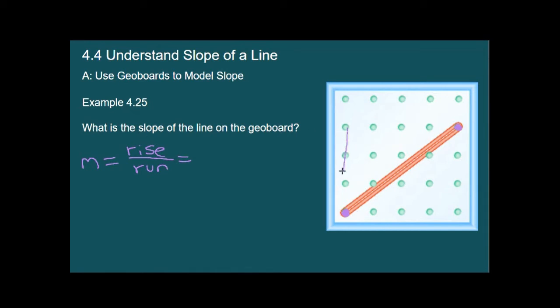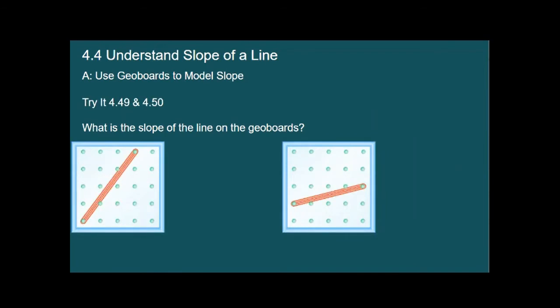So let's draw our right triangle, and let's go ahead and count. 1, 2, 3. So the rise is 3, and the run is 1, 2, 3, 4. So the run is 4. So in this case, the slope of this line is 3/4.